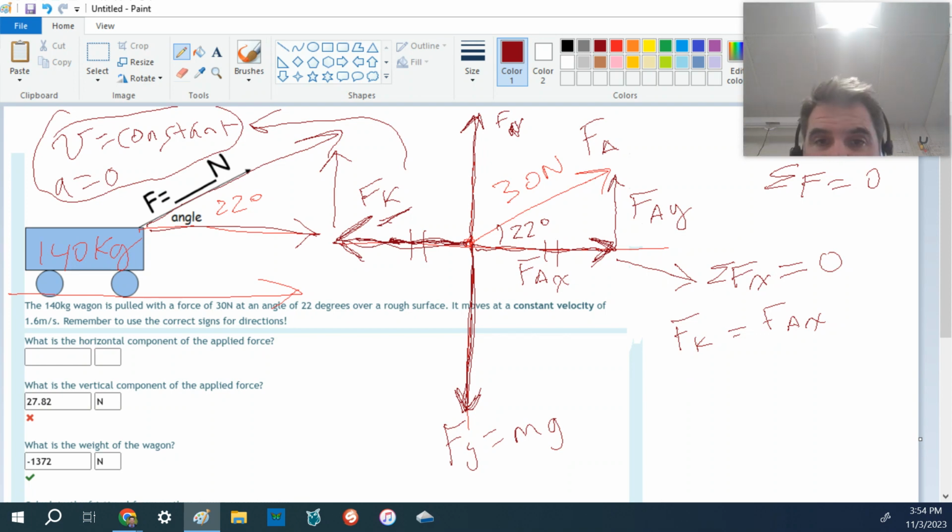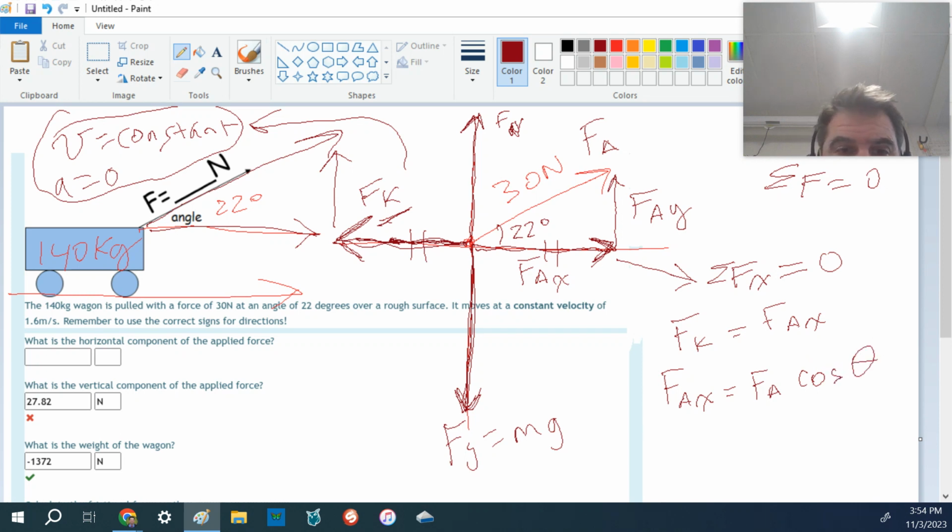So how do you get Fax? Using SOHCAHTOA. So Fax in SOHCAHTOA is going to be equal to FA, which is the hypotenuse. We've got hypotenuse and adjacent, so we're using cosine. So FA cosine theta.